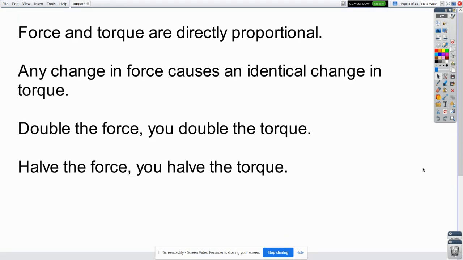So if you double the force on the end of the wrench, it will double the torque that's being applied to the nut or the bolt. If you cut the force in half, you'll cut the torque in half. So if you cut the force that's acting on that wrench in half, you'll cut the torque that's being applied to the bolt in half.